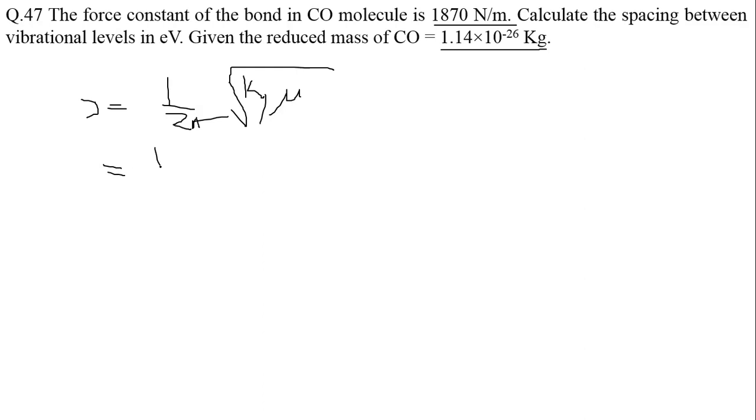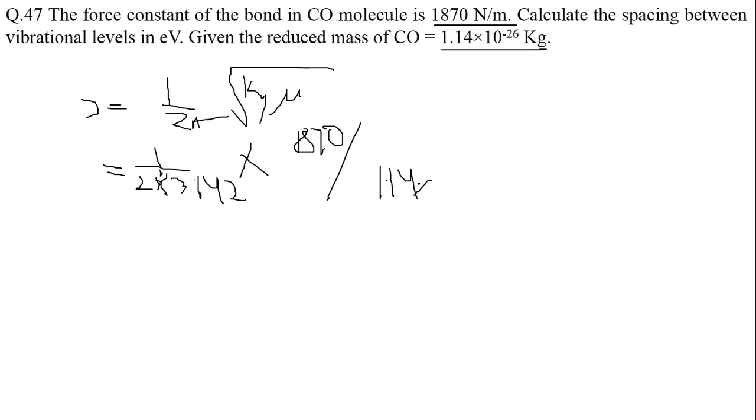The frequency will be 1 by 2 into 3.142, into the root of 1870 divided by 1.14 into 10 to the power minus 26.